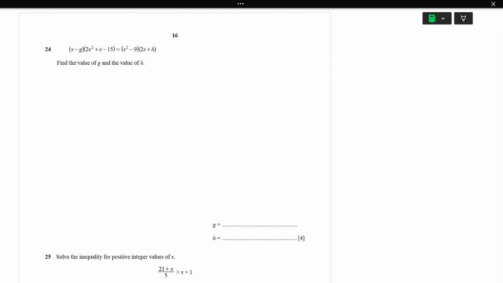So left side, when I expand, I'll get x times 2x square, which is 2x cube plus x square minus 15x minus 2gx square minus gx minus 15g, equal to the right side, when I expand, 2x cube plus hx square minus 18x minus 9h.